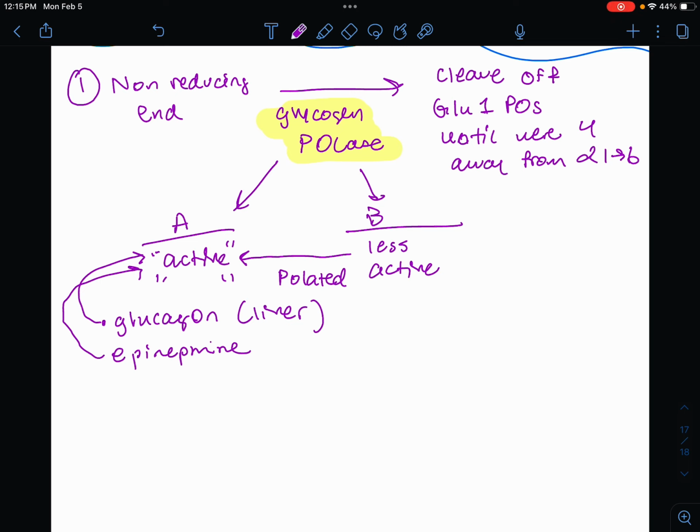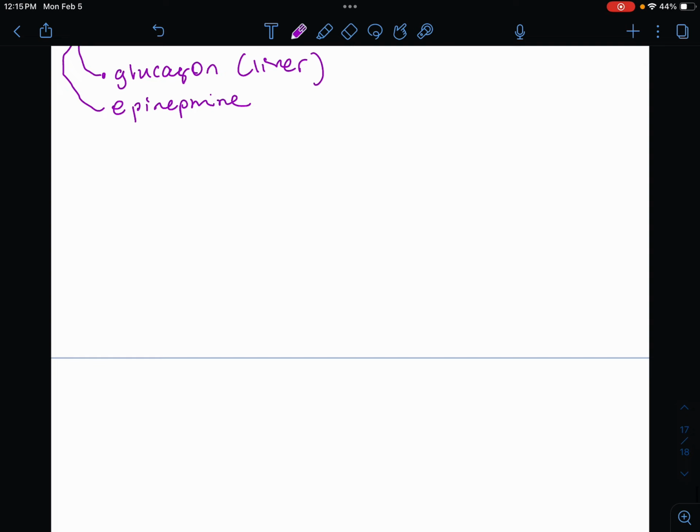All right, so this regulation, it's kind of like one of those GPCR type deals where we're going to get some ATP and we're going to be using adenylyl cyclase to make cyclic AMP, or cAMP. Once that is made, we're going to be having this PKA get activated.